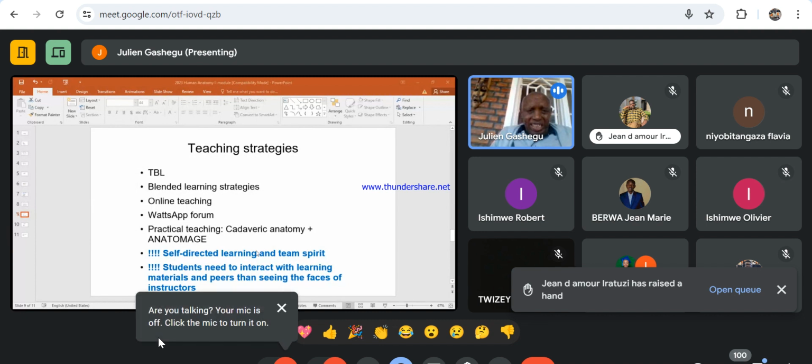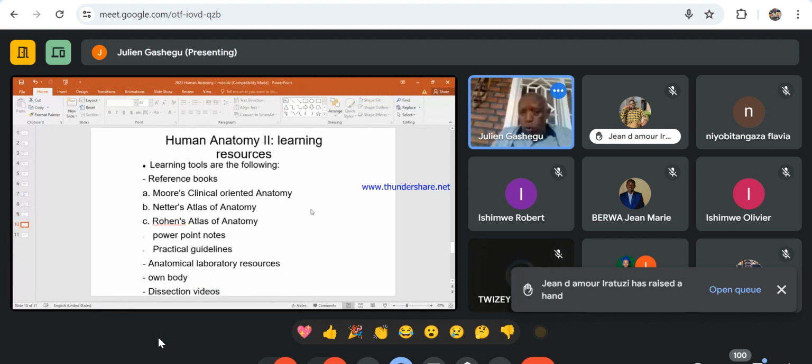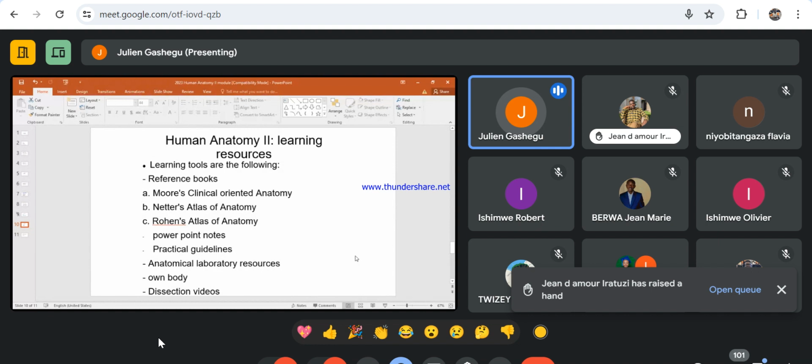Before I reach that, these are the resources that you are going to use. It's in the library, but I think that we have provided the soft copy for a long time, and I'm sure that you have it.